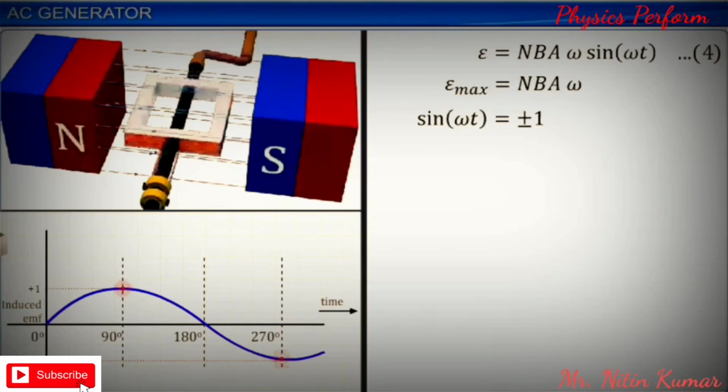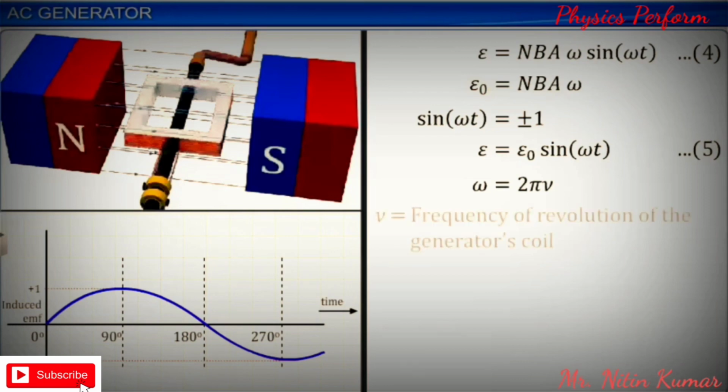Let us denote the maximum EMF NBA omega as E0. Then, the instantaneous EMF E is equal to E0 sine omega t. Let this be equation 5. We know that omega is equal to 2 pi nu, where nu is the frequency of revolution of the generator's coil.